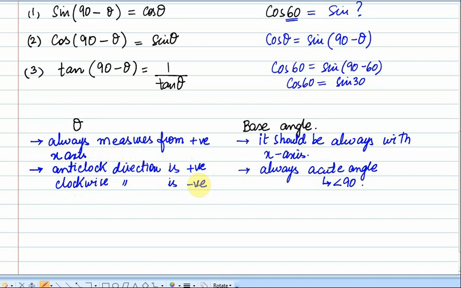Now what is the meaning of these points I will explain in a bit, but up till now you need to write down these two important factors of theta and the base angle in your notebooks. Note it down.